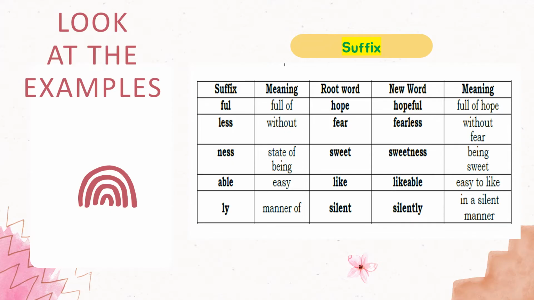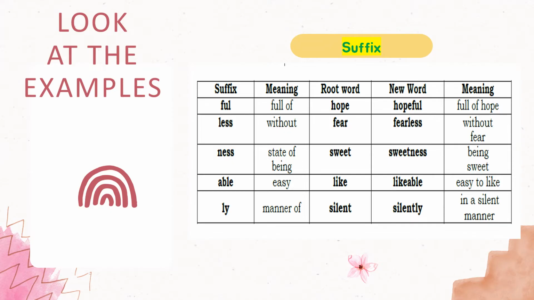Ness is also a suffix. It means a state of being. If we add it to a root word like sweet, we can form a new word like sweetness. And sweetness means being sweet. Able is also an example of a suffix. It means easy.